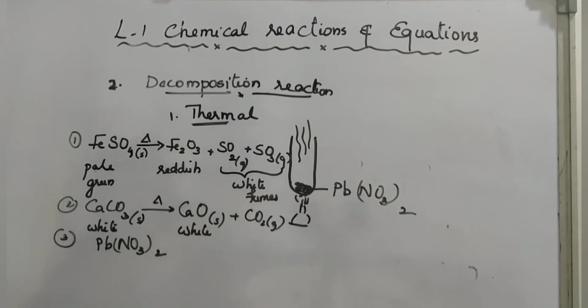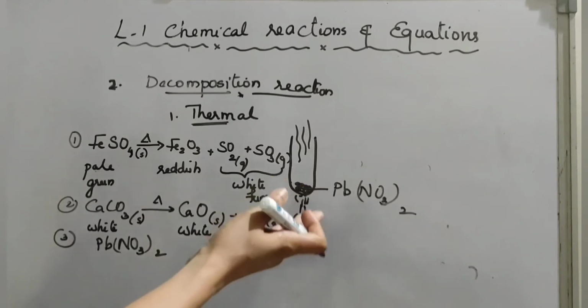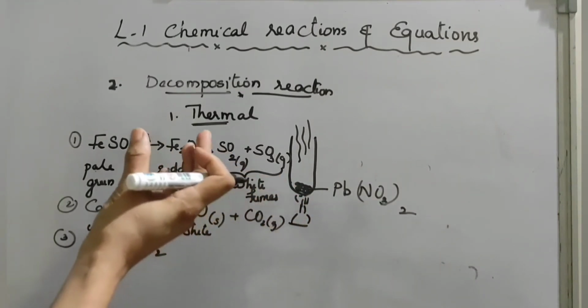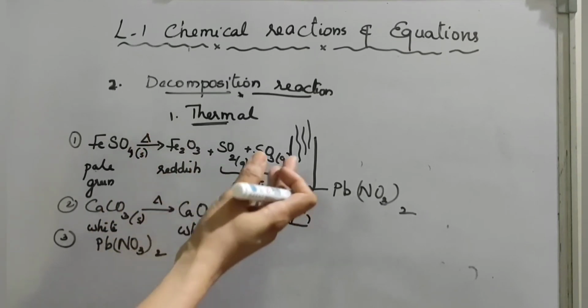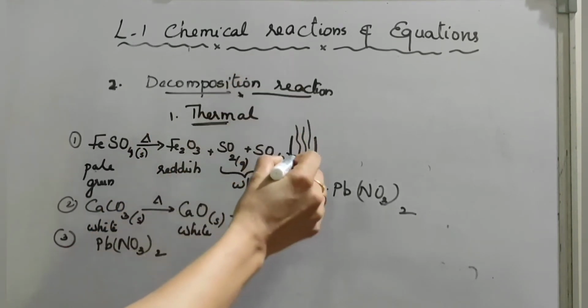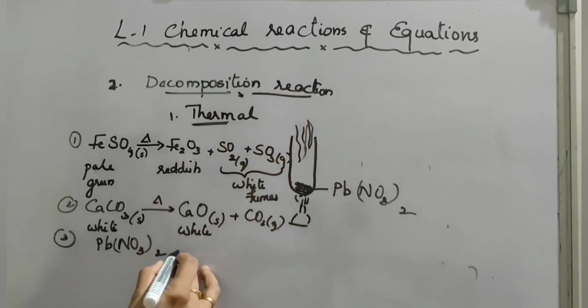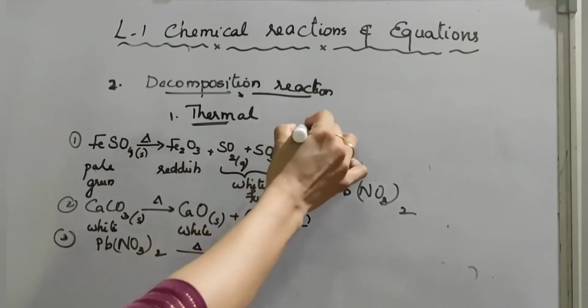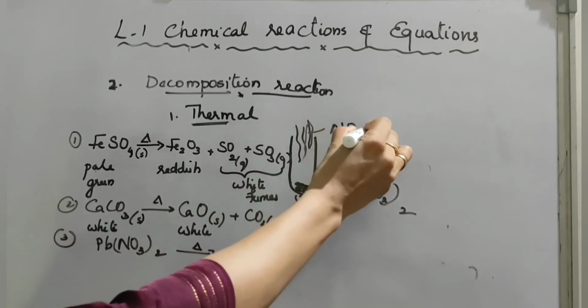Lead nitrate in a dry test tube, heat it the same way. What we can see, it's very nice to see in the observation, is the emission of brown fumes, and these brown fumes are known as nitrogen dioxide gas.